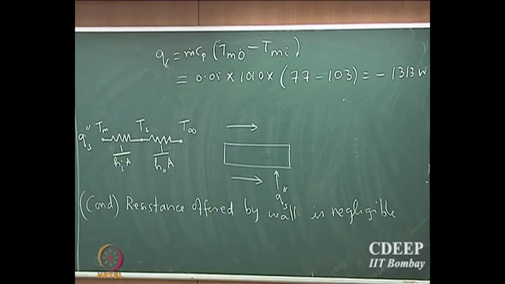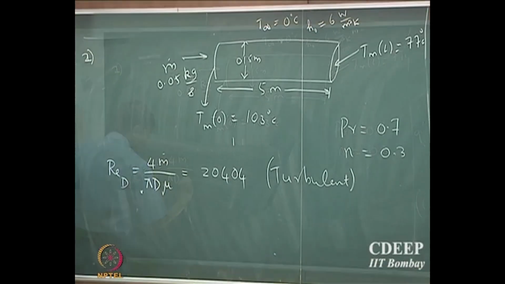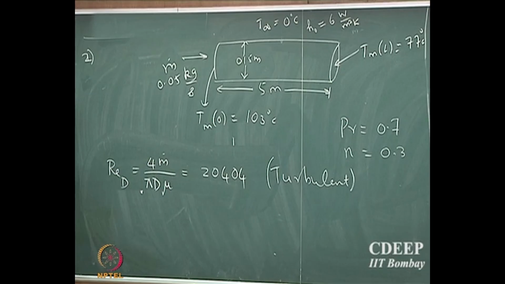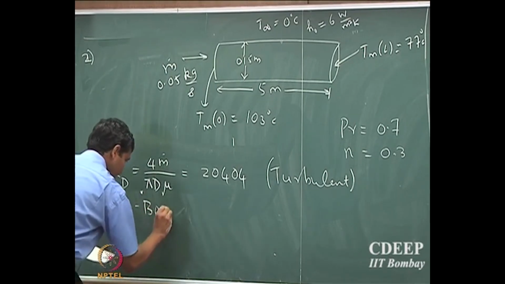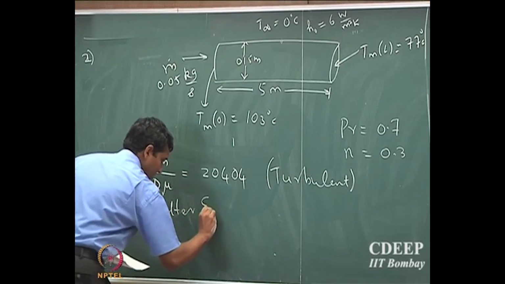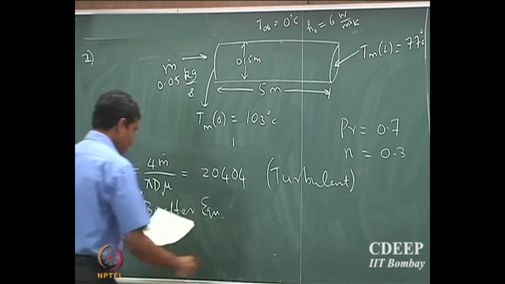We are going to calculate the Reynolds number. Reynolds number is 4 m dot by pi d mu, which will be about 20404. So clearly it is turbulent flow, and we have to use the Dittus-Boelter equation to find the Nusselt number.